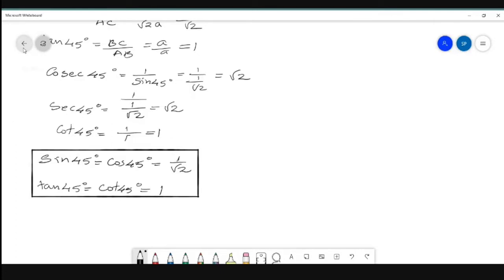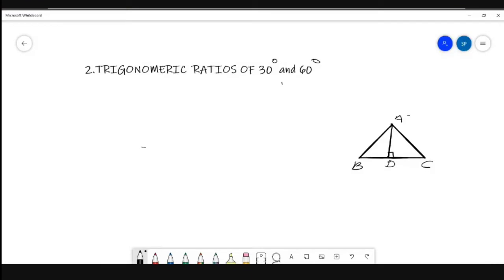Now we'll move on to the next, that is the trigonometric ratios of 30 degree and 60 degree. Okay. Now for deriving the values of 30 degree and 60 degree, let us consider an equilateral triangle ABC. Do you know about an equilateral triangle? In an equilateral triangle, we know each of the angles is 60 degree, isn't it?